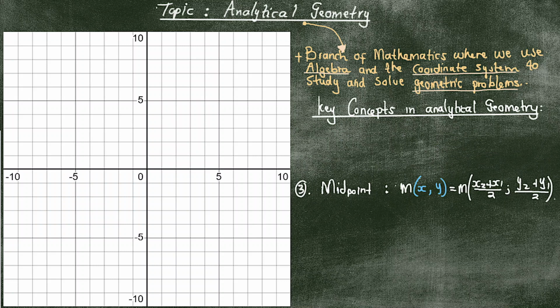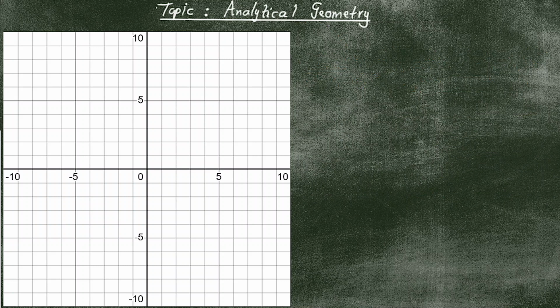Okay, now let me just erase this. Let me take this away. You know what? Let's just choose a point. Let's just take this. Perhaps connect it with another point. Maybe right here.